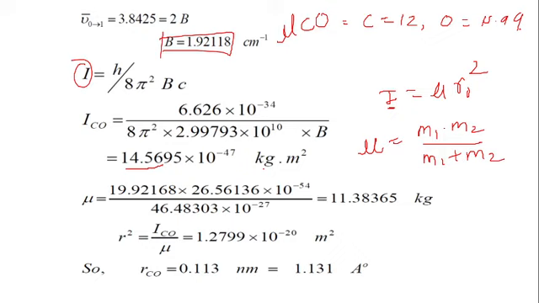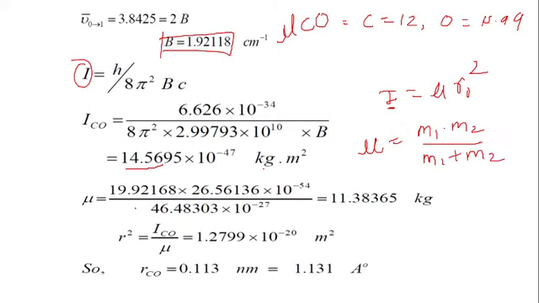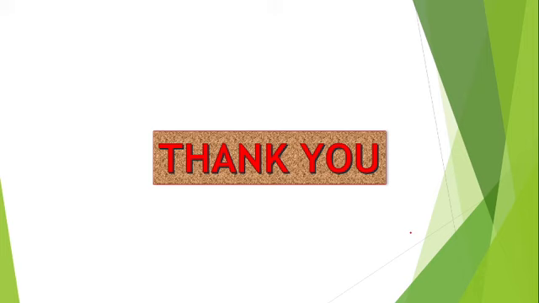15.99. But they give us the absolute mass of hydrogen, that means this mass in the form of kg. That's why here we have to find the atomic weight of carbon and oxygen in kg. So what we have to do is multiply the carbon value, that is 12, into the absolute mass of the hydrogen.